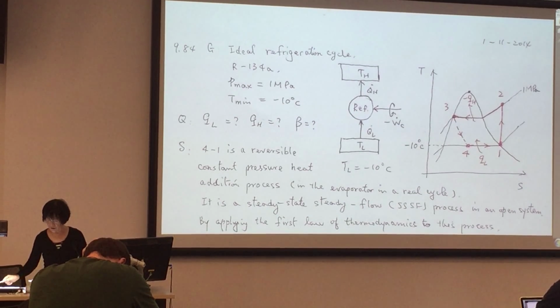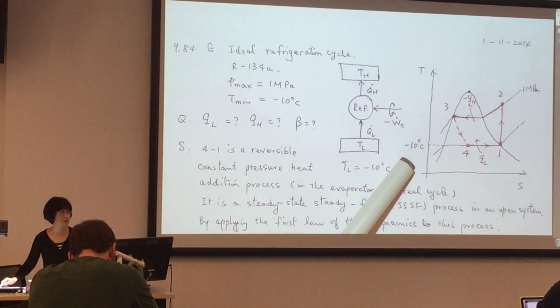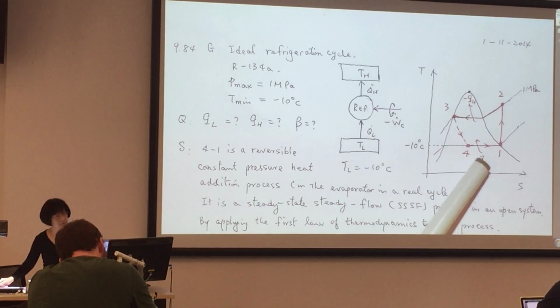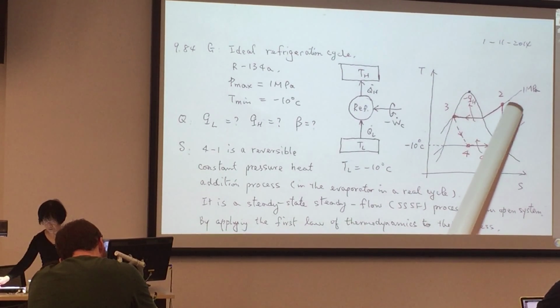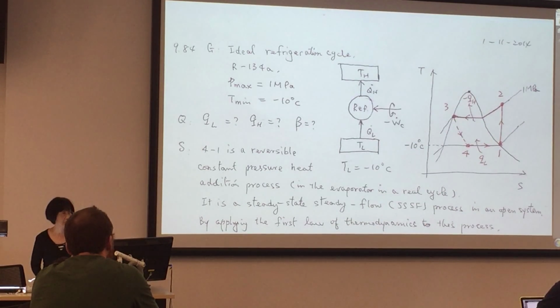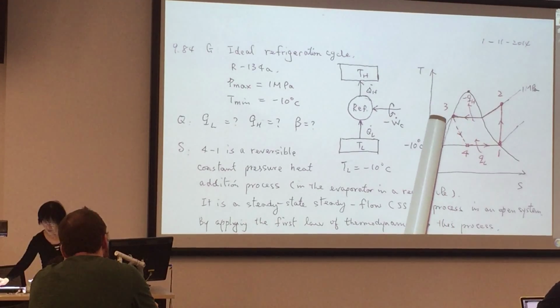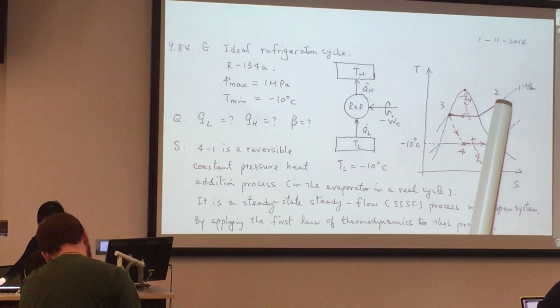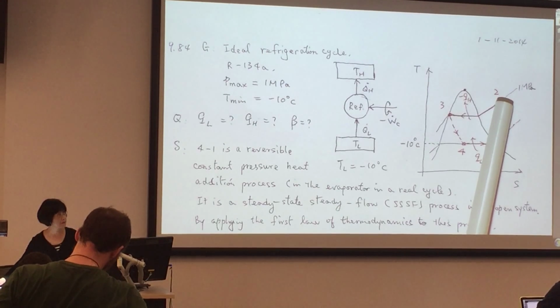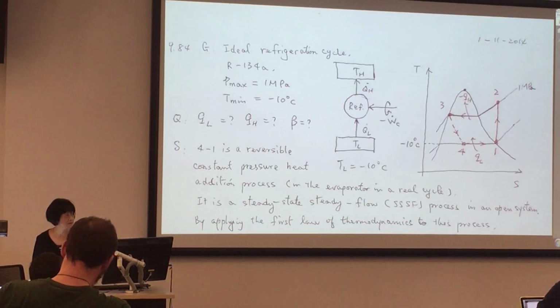So from the first table for refrigerant 134A, we can find out evaporation pressure. And with the same table, probably you wouldn't find the exact 1 megapascal, but we can find out the condenser temperature. Condenser temperature actually is lower than the temperature at state 2, because state 2 is a superheated vapor.